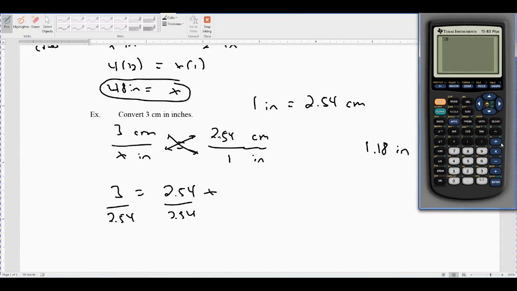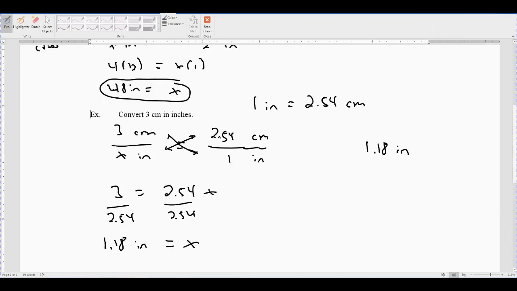Three divided by 2.54. Same answer. We're going to inches. And that is it. I've provided you with 2 different methods. You pick the way you want to use. Either way is fine.